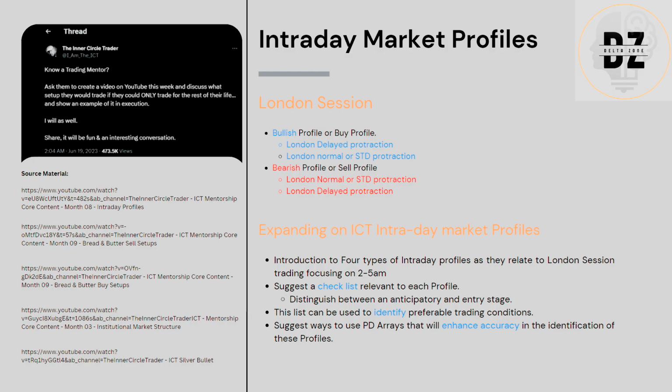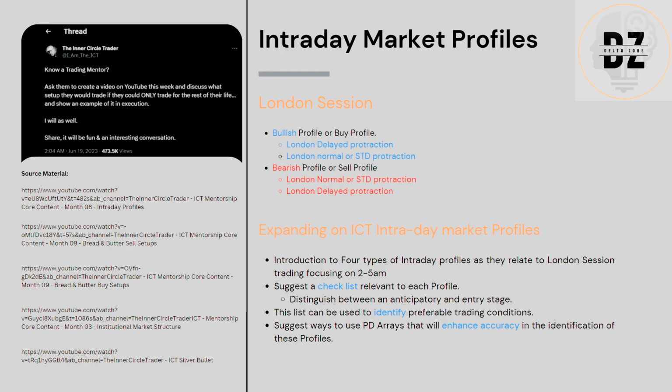And this can manifest as a delayed protraction or standard protraction in reference to the trend which precedes midnight, in which we anticipate as ending at or just after 3 a.m. And the second is being the bearish profile or sell profile, which we anticipate as forming either from a standard protraction or delayed protraction state, relative again to the midnight trend, ending at or just after 3 a.m.